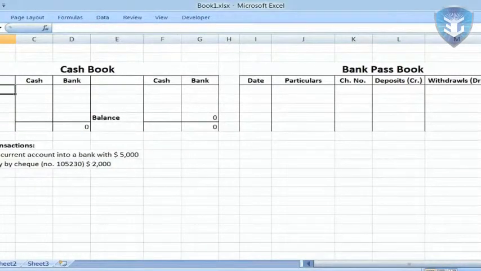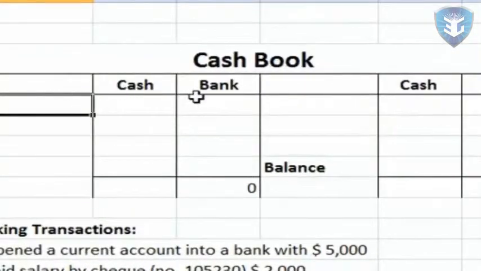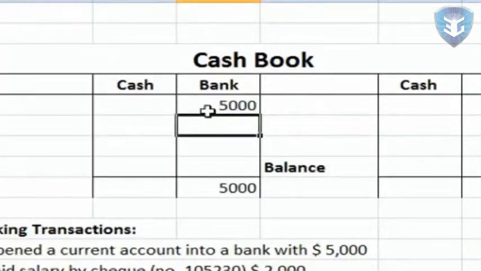And as in the entry the bank account is debited, so in the cash book on the debit side we will first write the amount in the bank column, $5,000, as the bank account is debited.